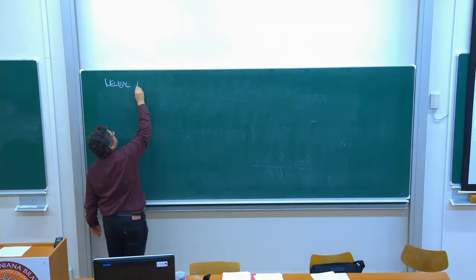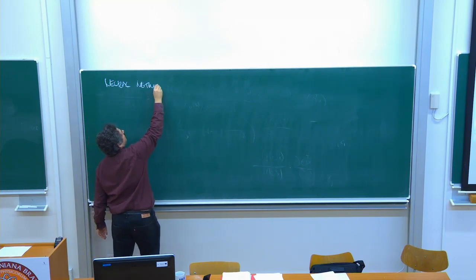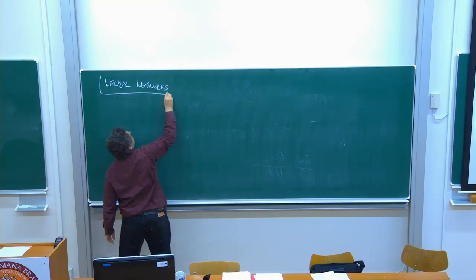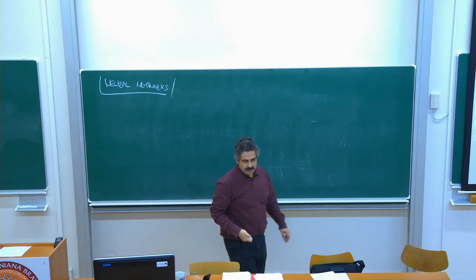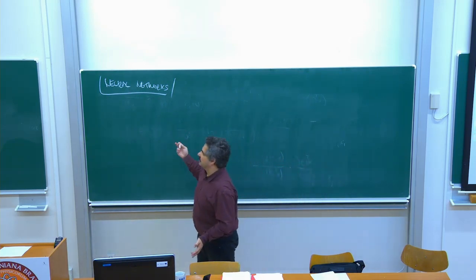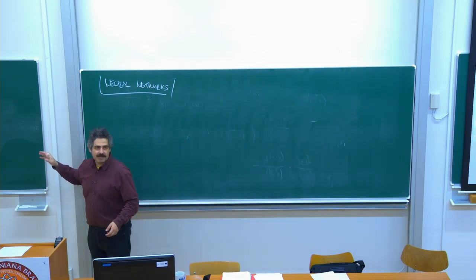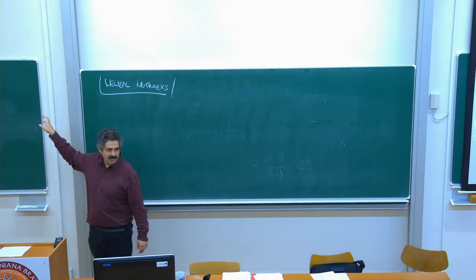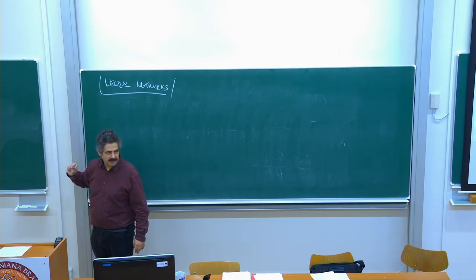And you will also see more on the tutorials of neural networks. So the idea of neural networks is that this logistic regression, you can imagine as a very simple unit, right?